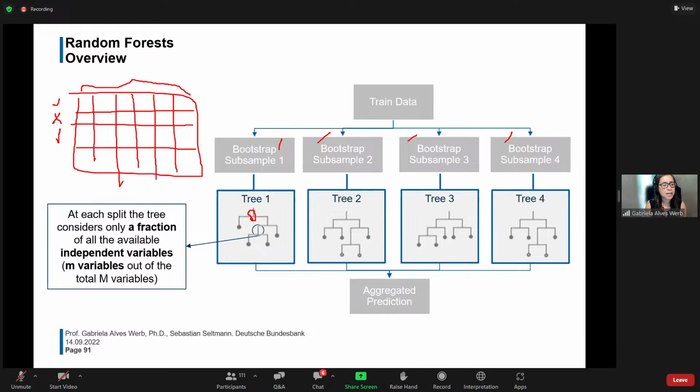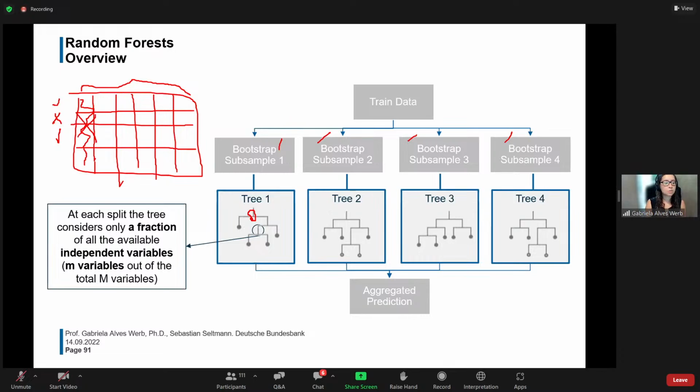But the idea here is to say, okay, so imagine I have a very strong variable that when I was bagging the tree, all the trees started splitting on this one. Now, when I'm using this trick of adding the randomness in the columns, maybe in some of those splits, because this is done at every single split, sometimes this variable is available, but sometimes it's not.